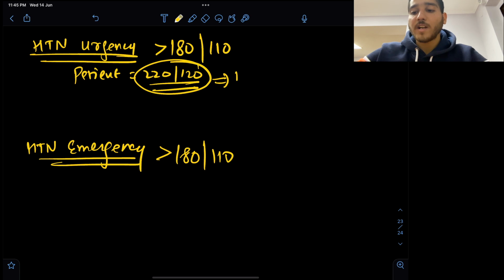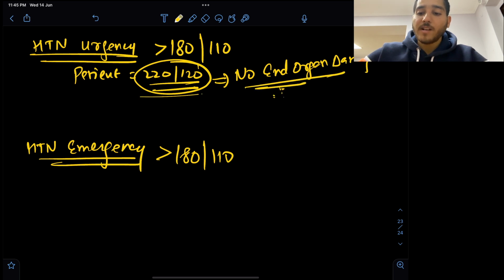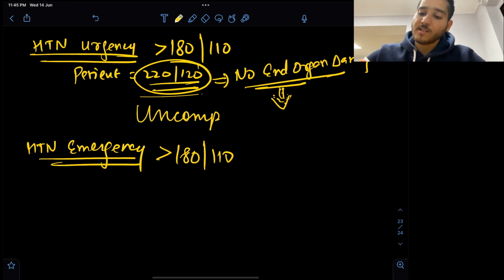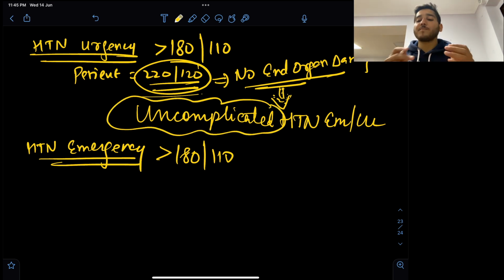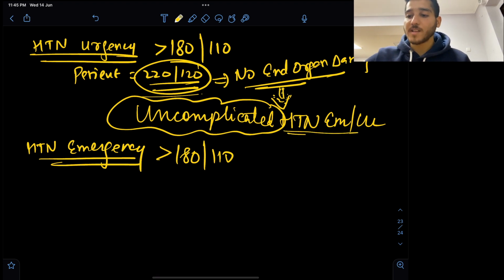If there's no end organ damage present, because of this hypertension there's no organ damage, then we call it uncomplicated hypertensive emergency or urgency. The word uncomplicated is very important here, because there are no complications because of this increased blood pressure, right?